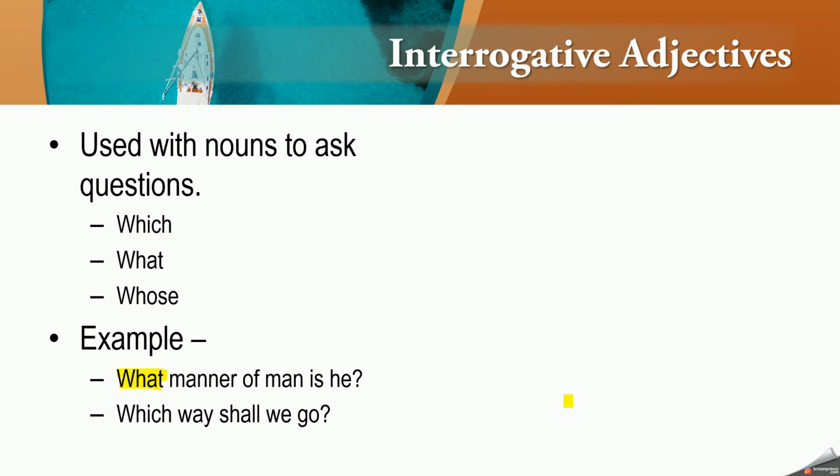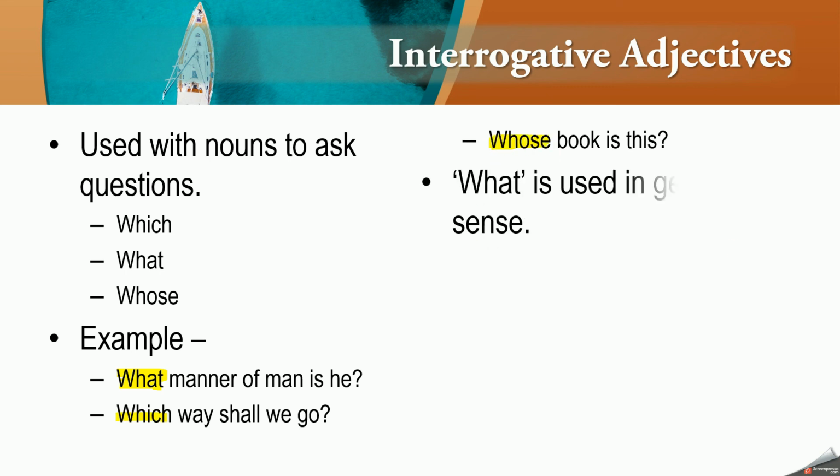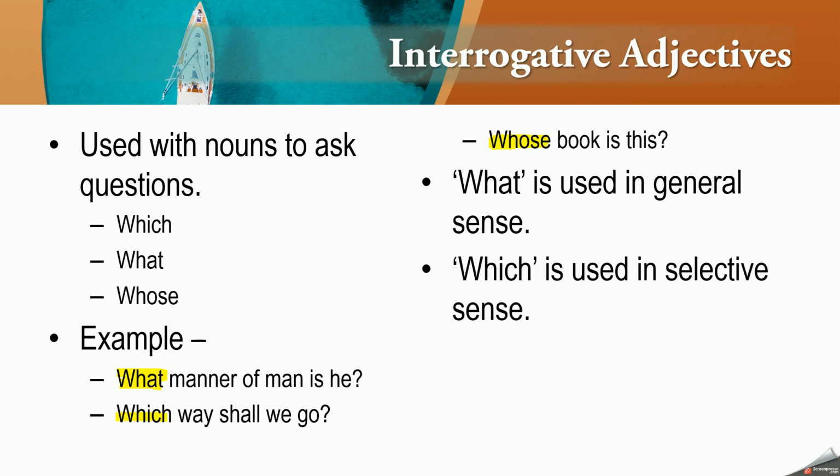Likewise, which way shall we go? So which, whose, these all are interrogative adjectives. What is used in the general sense, which is used in the selective sense. What manner of man is he? This is a general sense.